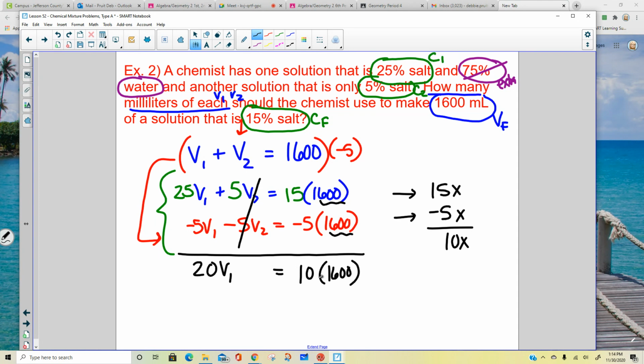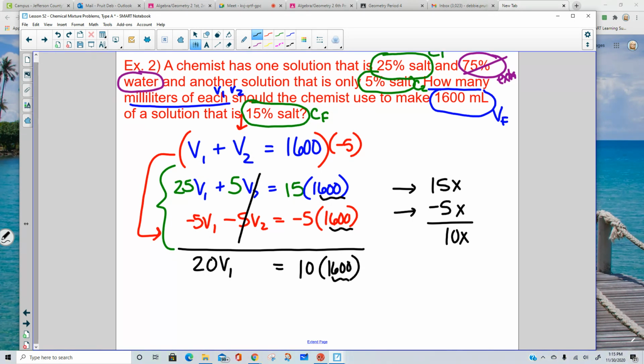And that's what I have here, equals 10x if 1600 is the x. Yes? All right, so that's just a little trick. Does it always work? No, but if you have the same number here, same multiple, you can do that. Now, if I have my calculator, I probably don't care, but if I'm doing this by hand, that's going to save me a little time. Plus, it's just a cool trick to know.